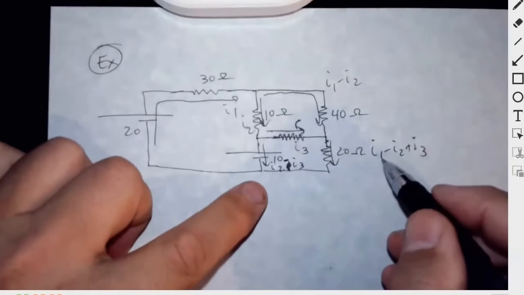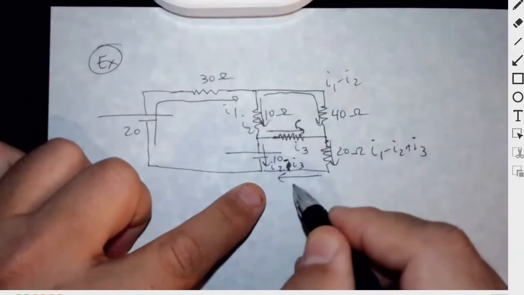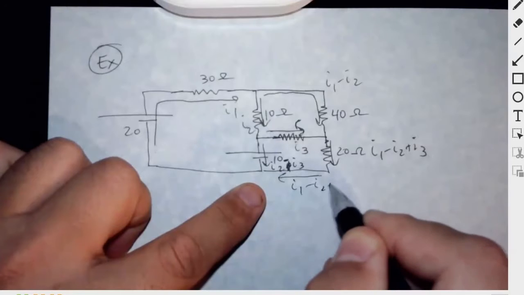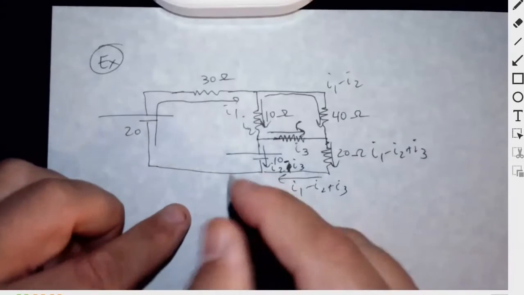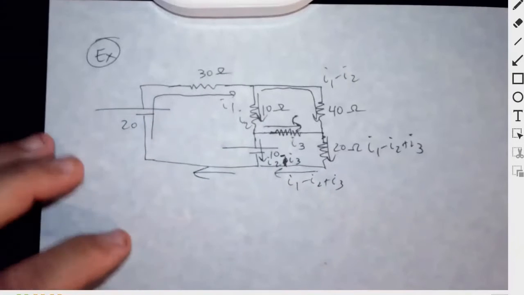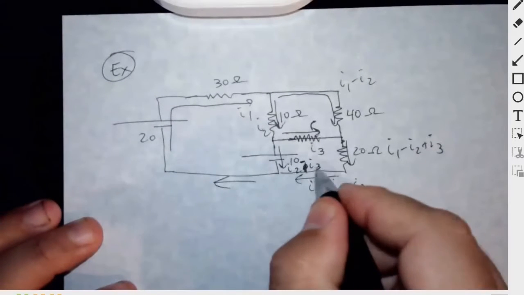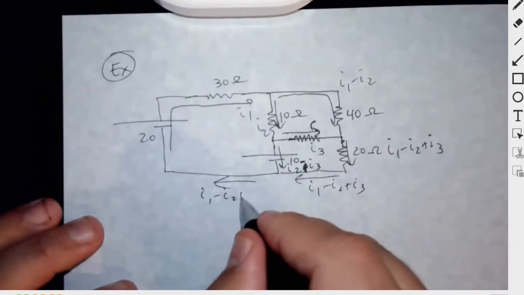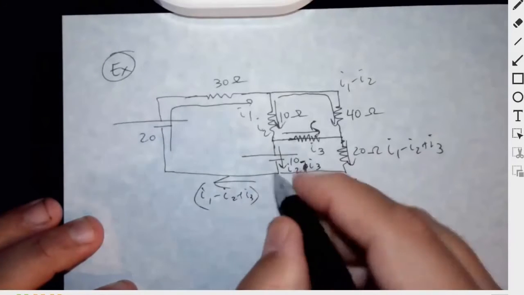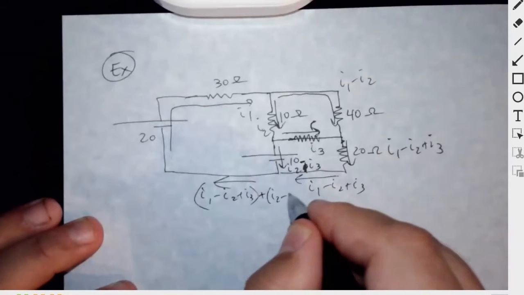Okay, then the I1 minus I2 comes this way, I1 minus I2 plus I3, and then I2 minus I3 joins with that. And then what do you get here? If you did it right, you join this to that, what should happen? I2 plus I3, you join that with I2 minus I3.